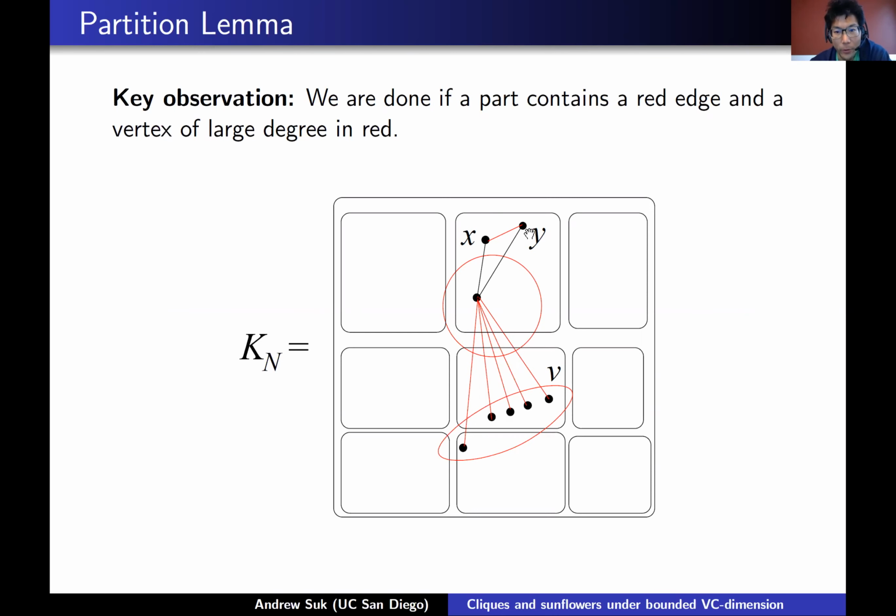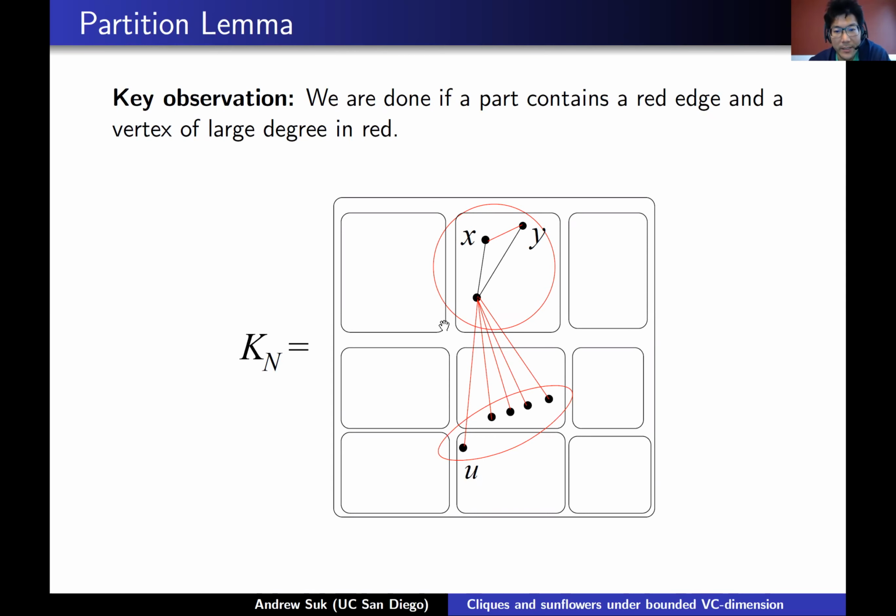And I know that there are few sets in my set system that cross either one of these two black edges. Therefore, if this neighborhood is sufficiently large, eventually there must be a vertex U such that its red neighborhood doesn't cross either one of these two black edges. But the only way that can happen is if the red neighborhood contains all three of these vertices.